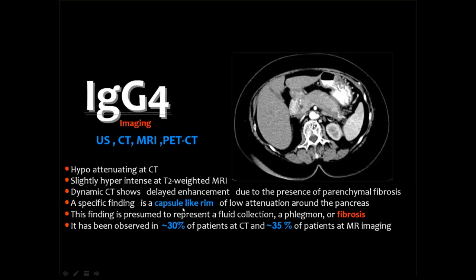And this sign, which is known as capsule-like rim, indicates that the pancreas is almost totally surrounded by a relatively hypodense, hypoenhancing rim, which forms what looks like a capsule. This is seen on CT, and on MRI, this rim is of black signal or hypointense signal on T2.